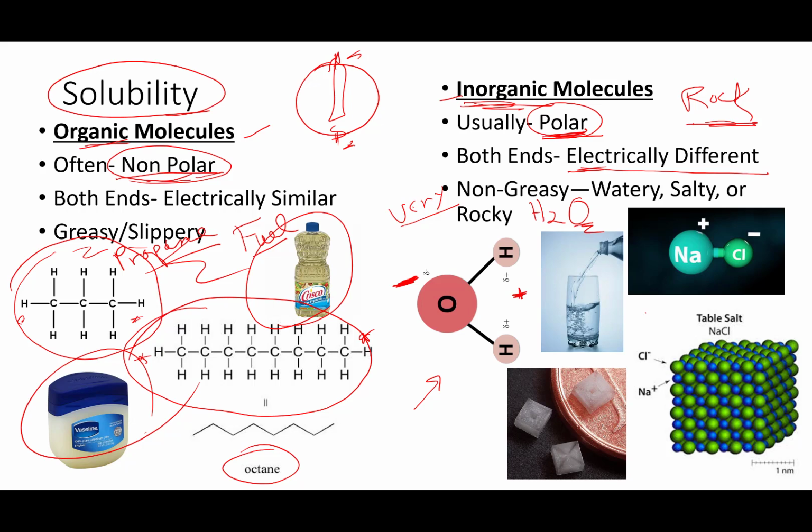Salt, table salt, plain old ordinary salt you put on French fries, is also polar. Salt is one sodium, one chlorine atom. Sodium is a big molecule. Chlorine tends to attract more electrons than the sodium, and so this end tends to be very negative, this end tends to be very positive.